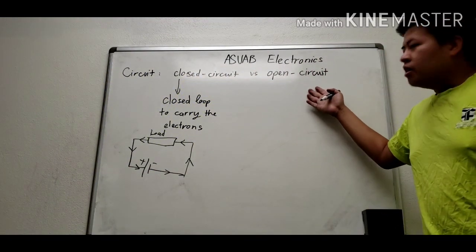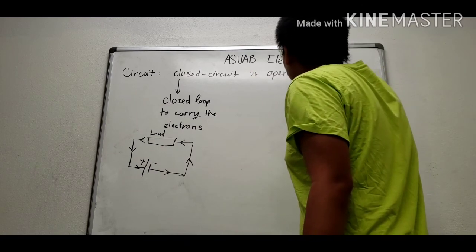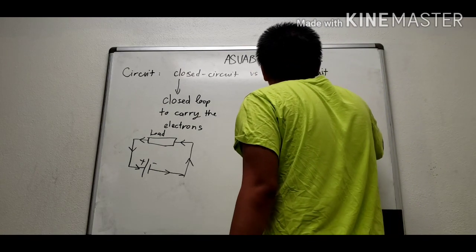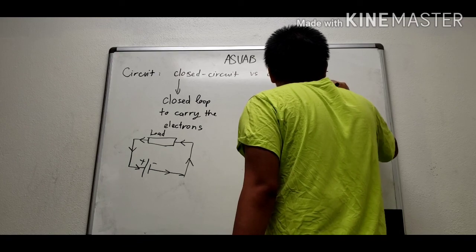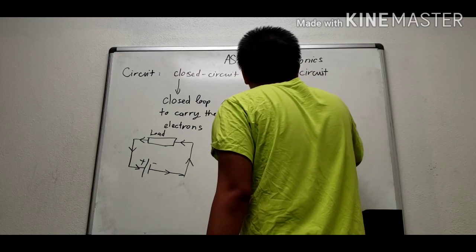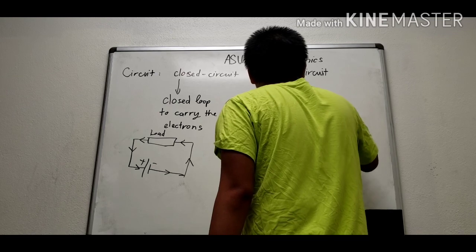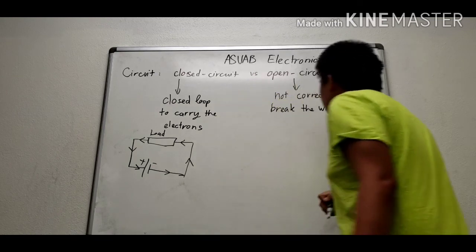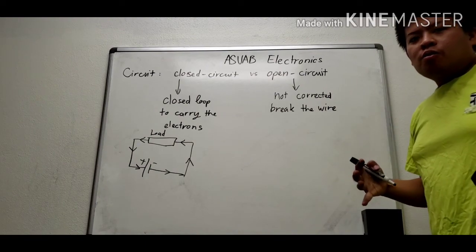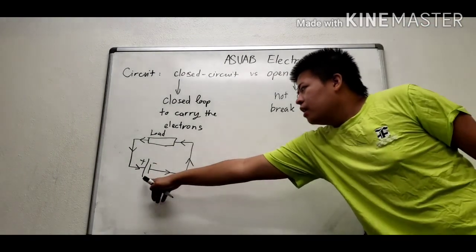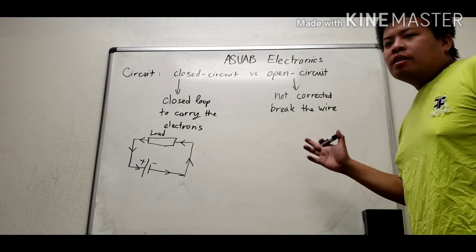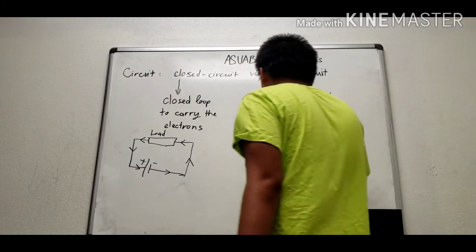About the open circuit. This means that it is not connected to the power, so maybe the wire is broken. For example, I will show for you.